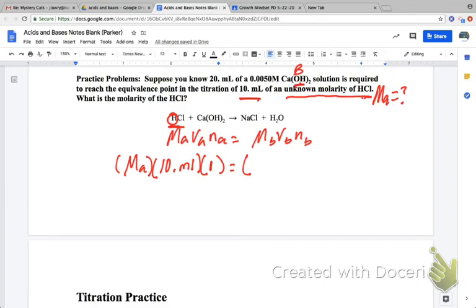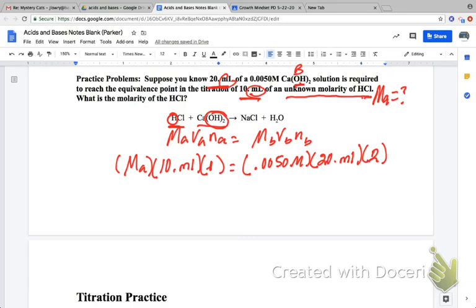And then I take all my base information. Molarity 0.0050 molar. My volume, 20 mL. Both of them are milliliters, so I'm good. And then here's my formula for my base. I have 2 hydroxides, so my Nb is going to be equal to 2.